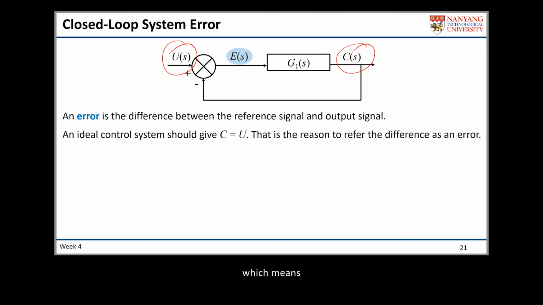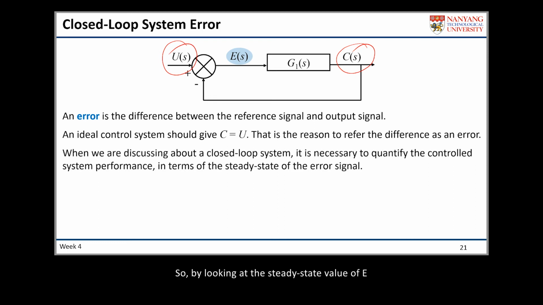Which means if you have a good air conditioning system, after the steady state condition is reached, C should be equal to U. If C is equal to U, then your E will be equal to 0. That condition, E equal to 0, will be reached when the steady state condition is achieved.